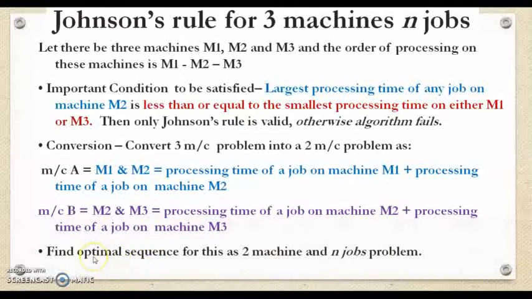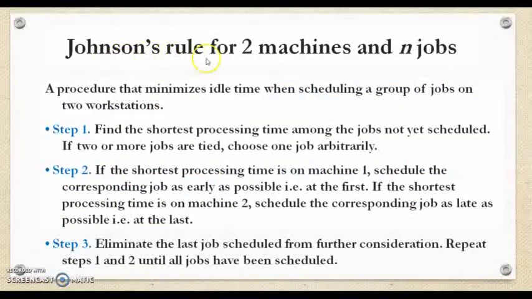Let us go through the procedure again. This is the Johnson's algorithm, or rules, or procedure for 2 machines n jobs. This method is used to minimize the idle time of the machines as well as to minimize the total elapsed time for processing of all the jobs.